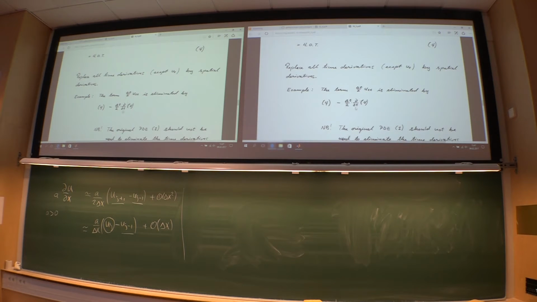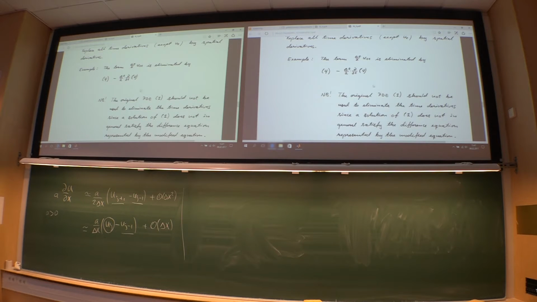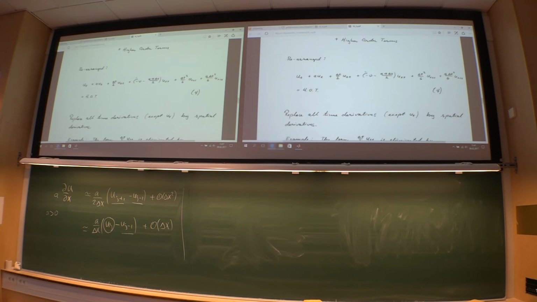Take the time derivative of the entire equation number 4, multiply with minus delta t half, and then you take the difference between the original and this one that we have changed a little bit. But of course, taking the time derivative of this entire equation, from the first term you get the double derivative with respect to time.